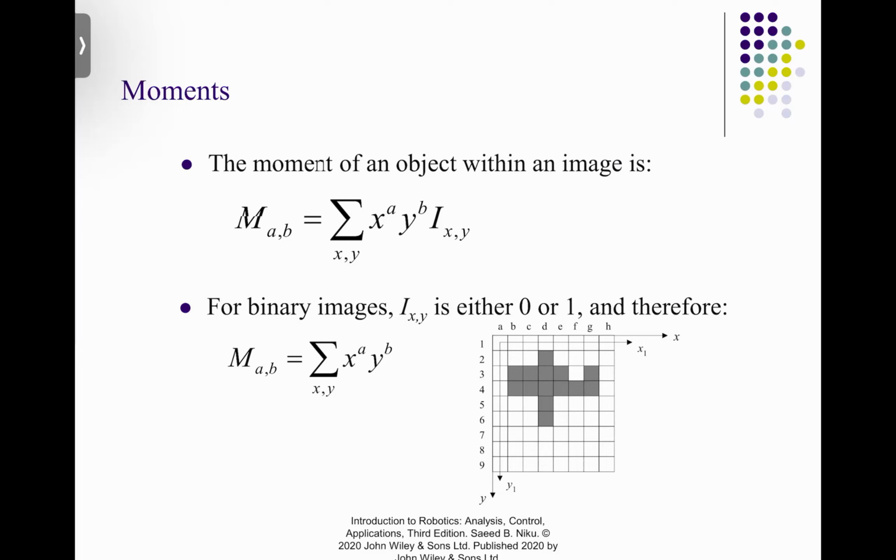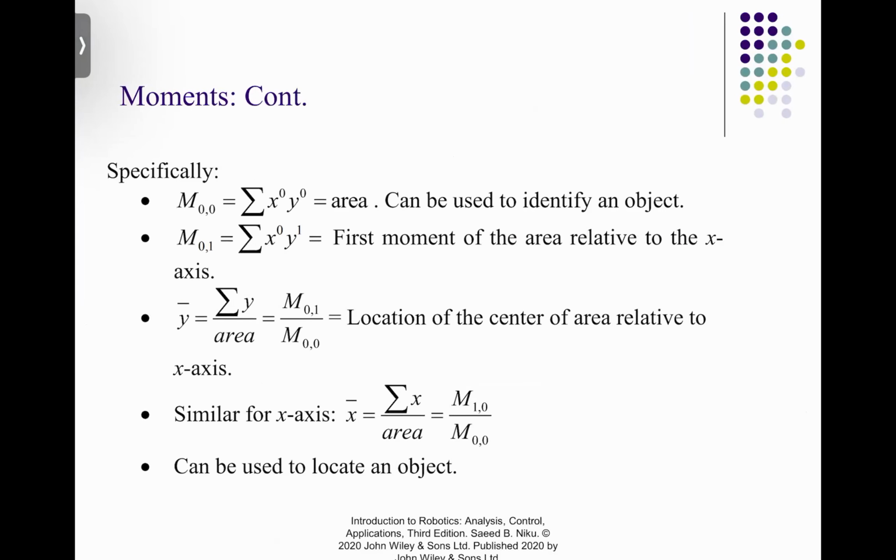b stands for the index of Y, and you can find the zeroth order moment, first order moment, or second order moment. For example, the zeroth order moment is nothing but the area. The first order moment is nothing but the moment of area about X. You can find the moment of area about Y. And then please understand this X bar and Y bar: the center of the area related to the X axis.